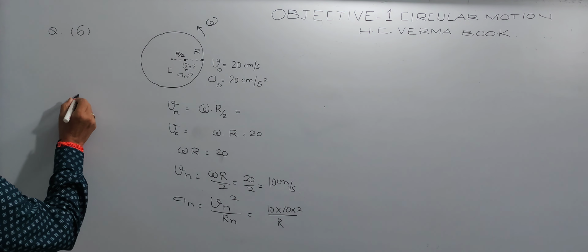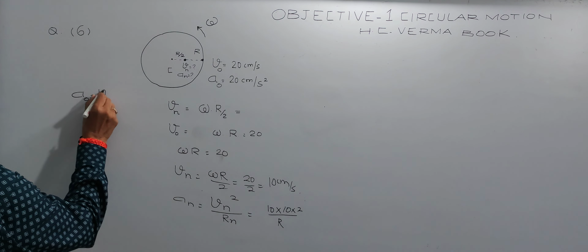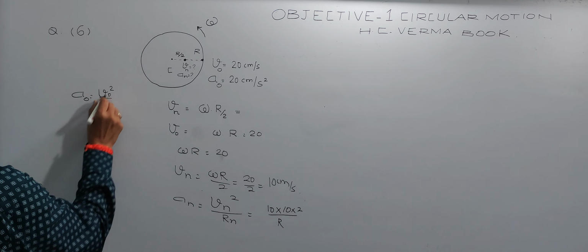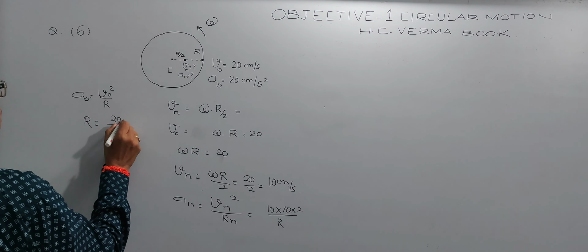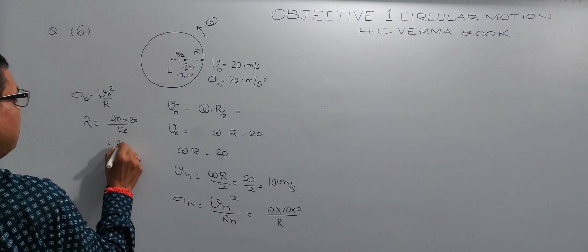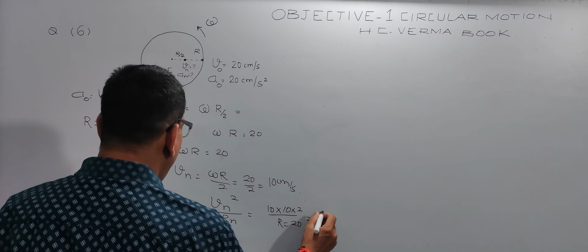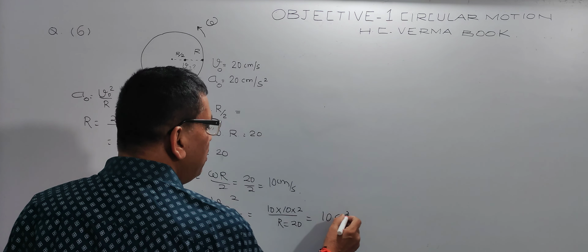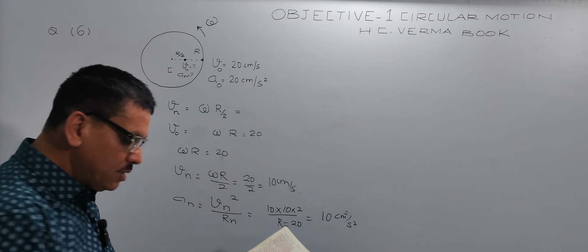I can say the old acceleration is v square by r, so from there r can be obtained as 20 into 20 by 20. So this is 20 centimeter. I can place the value of r as 20 here. So you will observe the new acceleration is 10 centimeter per second square.